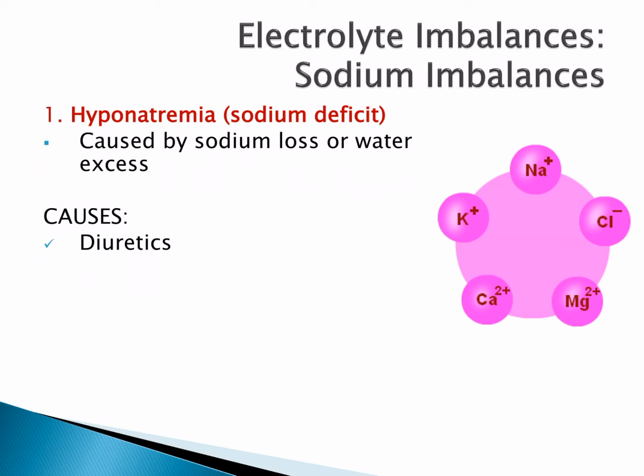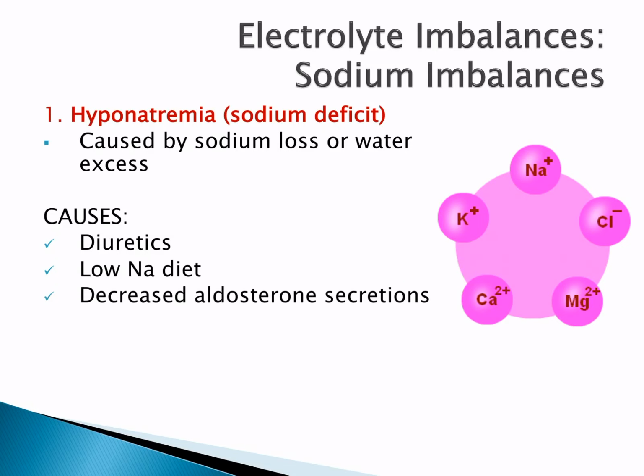It follows the water. So that's the mechanism. Administering too much diuretics to your patient could actually cause hyponatremia. Low sodium diet. Of course, if you do not eat food with sodium, it could cause hyponatremia.